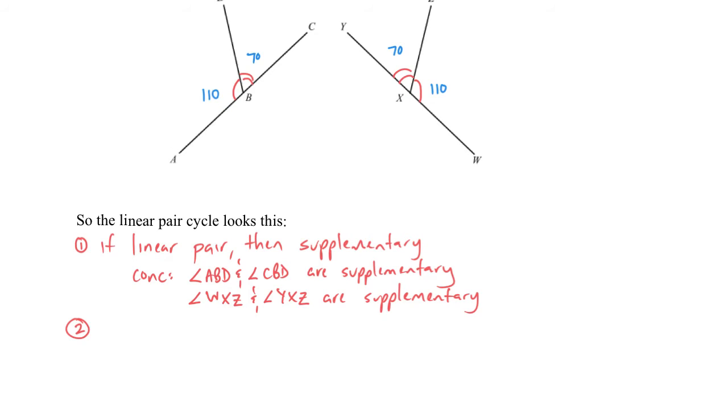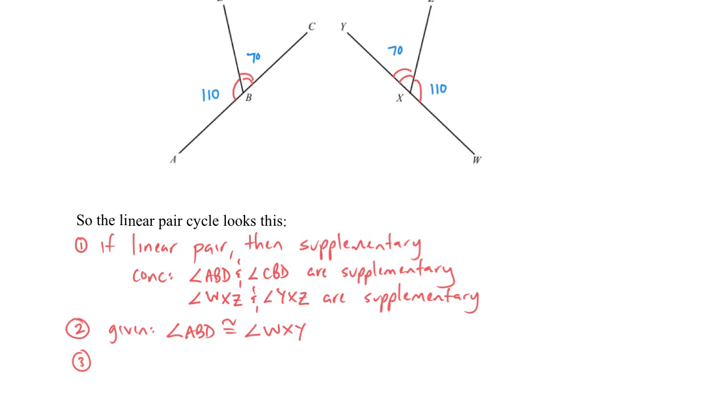Typically it's given, so let's pretend that it's given. So I'm going to say given angle ABD is congruent to angle WXY.